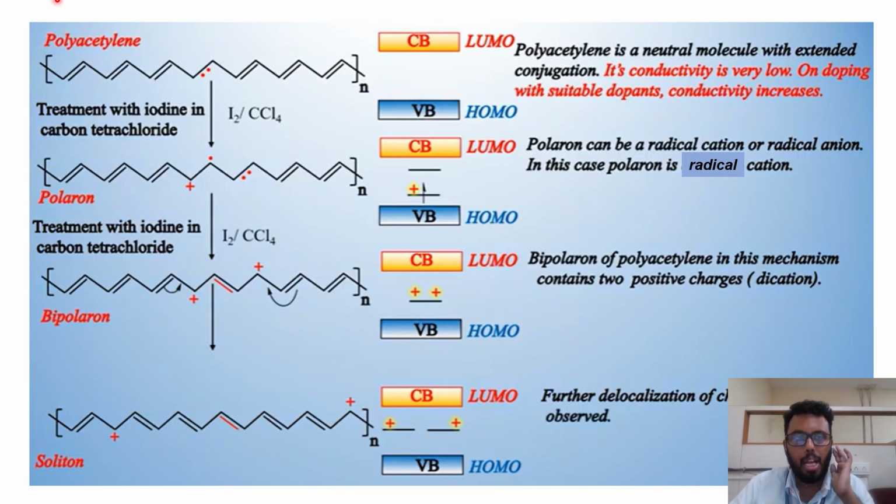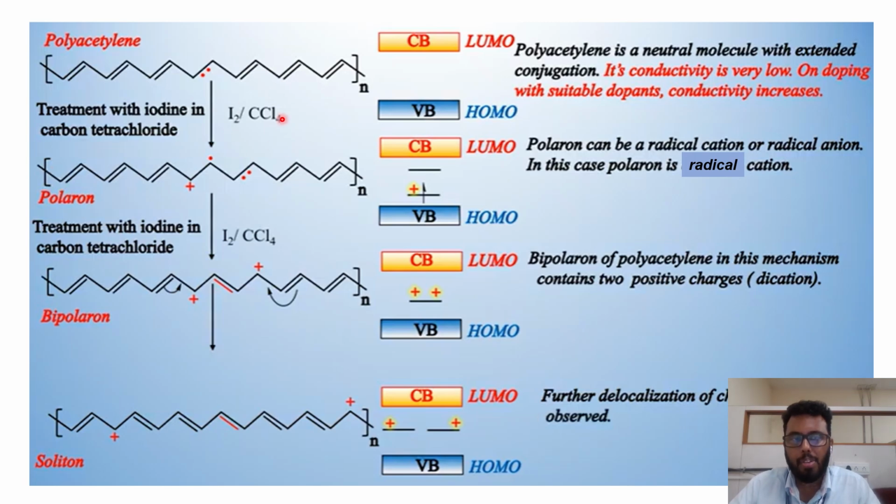Let's see the polyacetylene backbone. Alternating single and double bonds are present here, and you have the electrons here, conduction band, valence band, HOMO and LUMO. Polyacetylene is generally a neutral molecule with extended conjugation, double bonds and single bonds. Its conductivity is generally low, but when you dope with a suitable dopant, conductivity increases. As I told, as Lewis acid you have to take either ferric chloride or iodine in carbon tetrachloride.